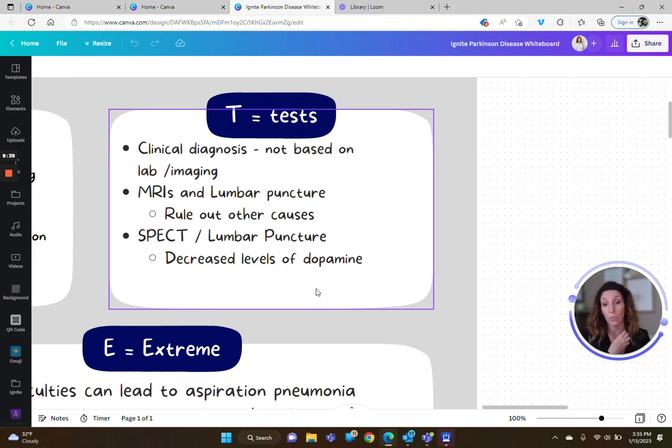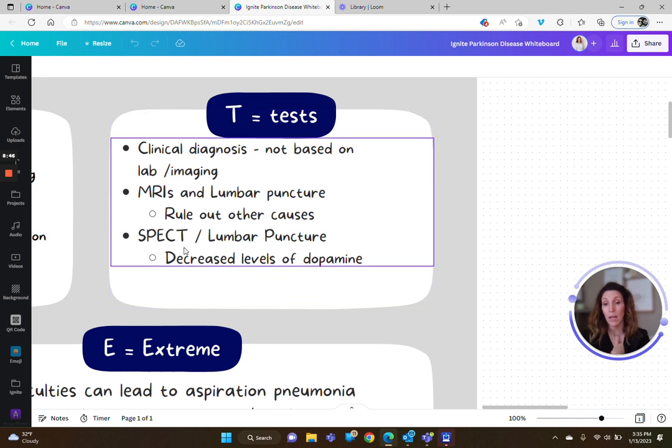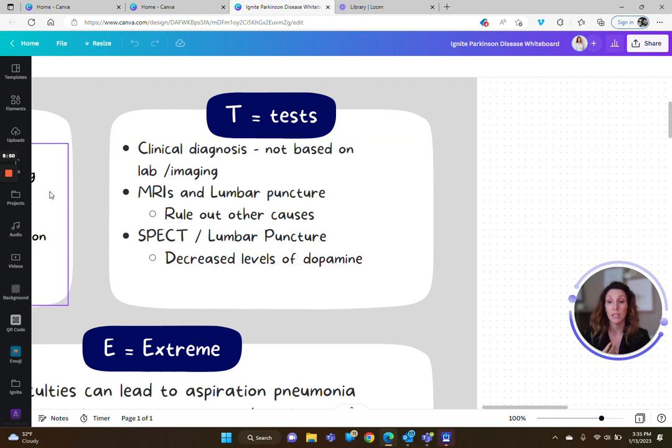And then they can do this SPECT scan, which does detect decreased levels of dopamine. So that is an interesting thing that they may do to help diagnose Parkinson's disease.